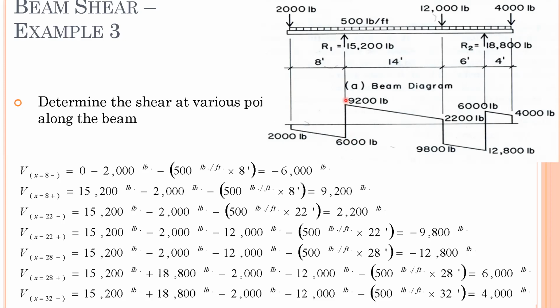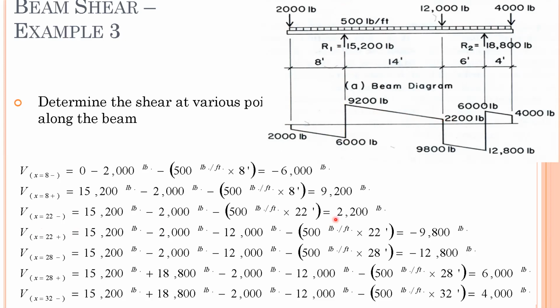So it means 6,000 is the difference here. It must work out, right? That is what you really need, and you must remember that it's slope. Everything here is going to be a slope. See there? Slope down. But here, you have to deal with the point load, so go up 9,000. Then you slope again, slope coming down, right, to 2,200.